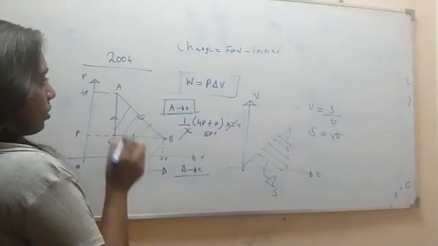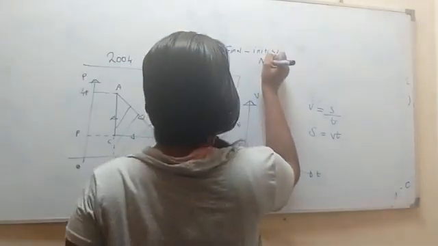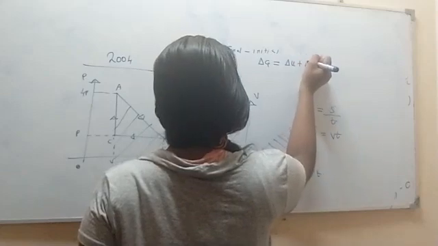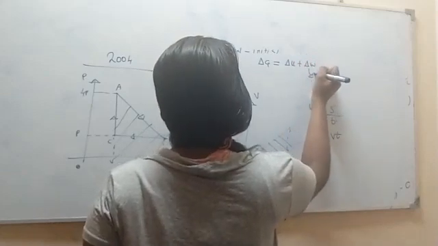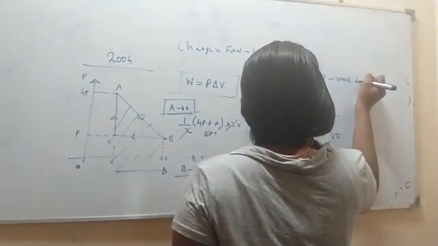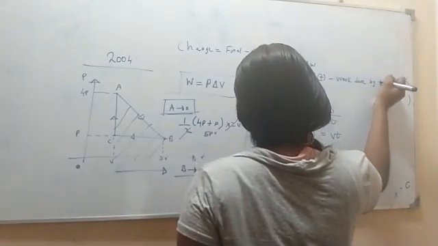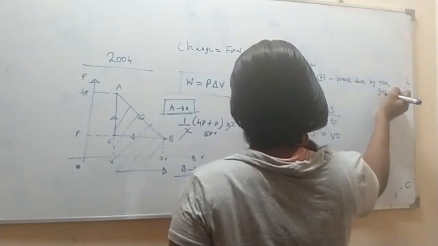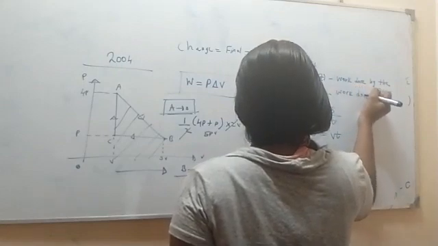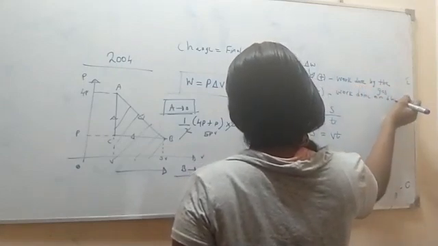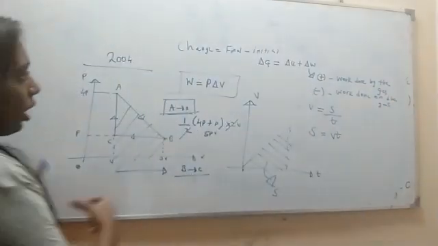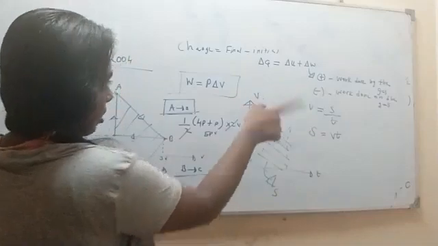That day I told you we are using the equation delta Q is equal to delta U plus delta W. Delta W is positive when work is done by the gas. If the gas does work, delta W is positive. It will be negative when work is done on the gas. If we do work on the gas, it will be negative.